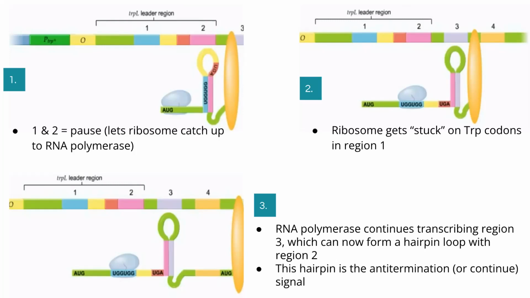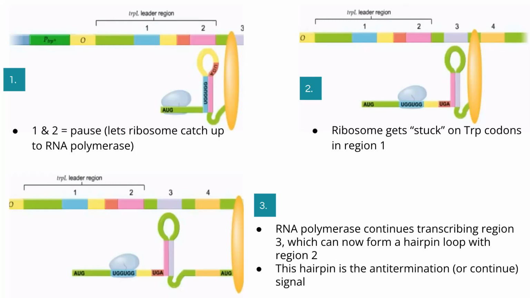Me too, I don't know what's going on. Are you confused about how, if there's high levels of tryptophan, there can be low and high levels of trip tRNA? Because I think in one of your sheets you said that it could be both.